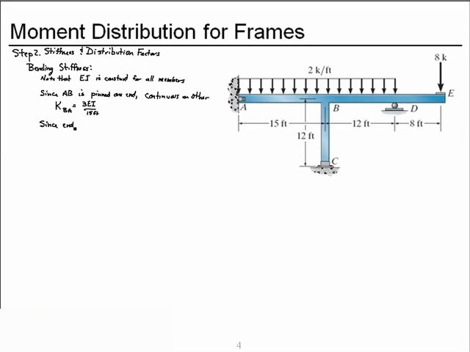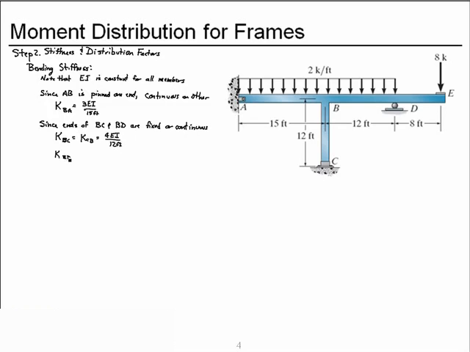Now, since the ends of BC and BD are fixed or continuous, we'll use our traditional bending stiffness. So for member BC, it is 4 EI over the length, which is 12 feet.